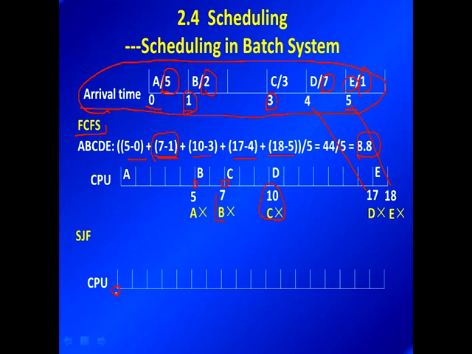At time 0, there is only one ready job. So the scheduler has no other option but to select job A to use CPU, and A will execute for 5 minutes. Because SJF is a non-preemptive algorithm.